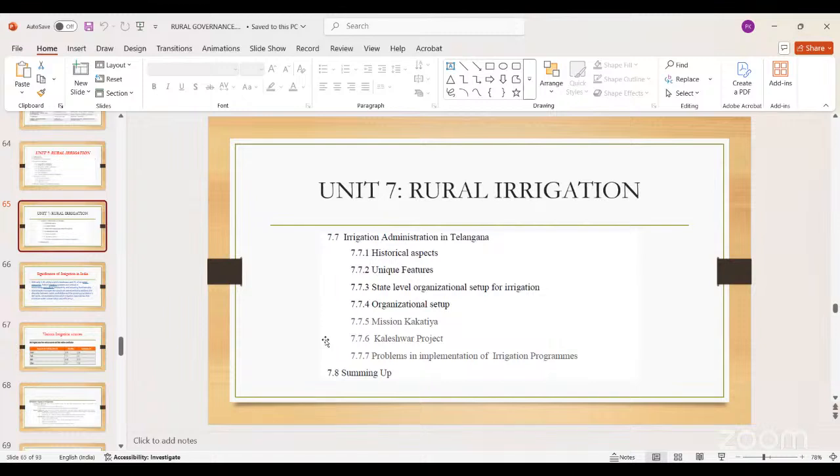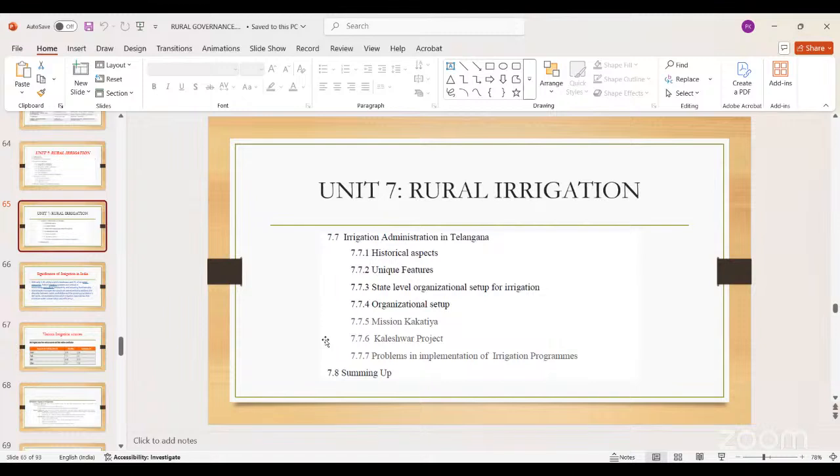In June 2019, the project was opened by the Telangana Governor and Chief Minister K. Chandrashekar Rao. It is designed to bring drinking water and irrigation to the parched areas of Telangana. So this is a very important irrigation project which was in the news.